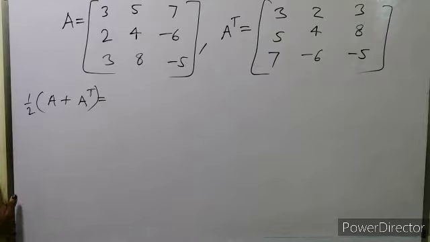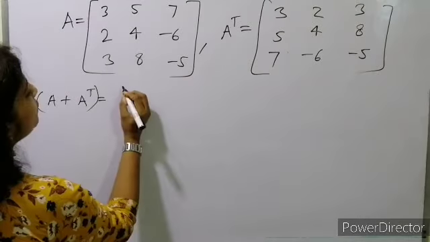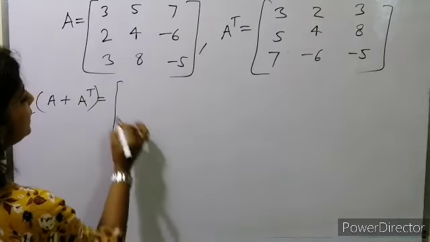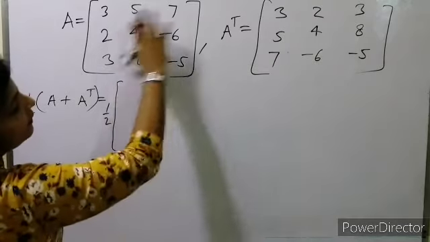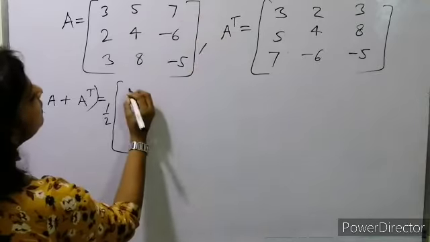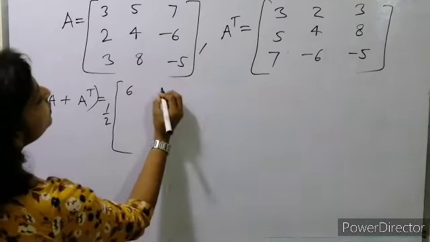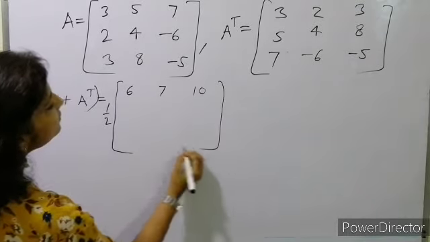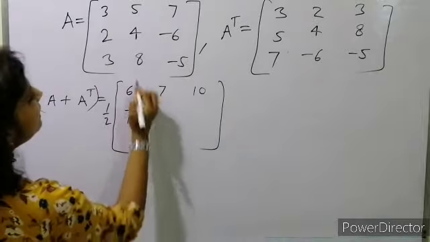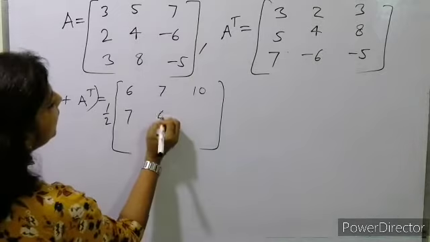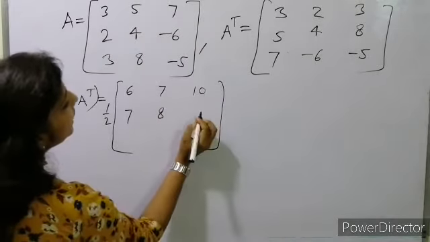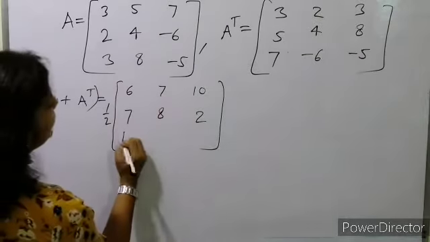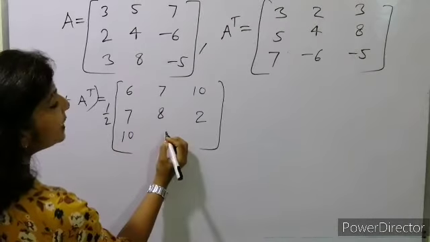First of all, we'll add the matrices, multiplying by 1 by 2. 3 plus 3 is 6. 5 plus 2 is 7. 7 plus 3 is 10. 2 plus 5 is 7. 4 plus 4 is 8. Minus 6 and plus 8 will be 2. 3 plus 7 is 10. 8 minus 6 is 2.